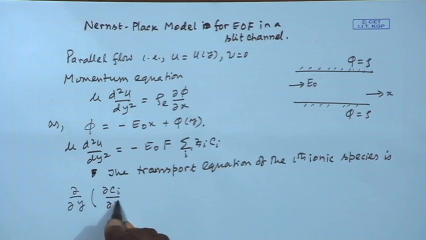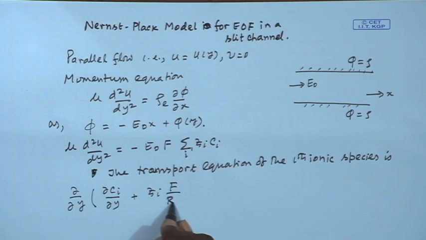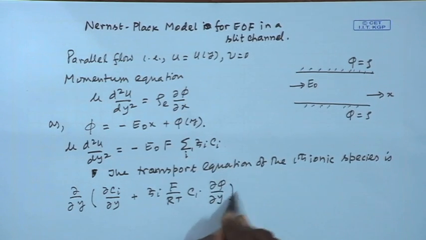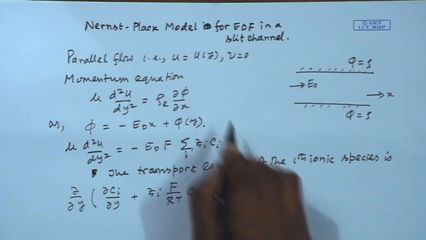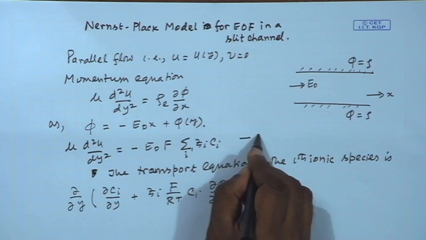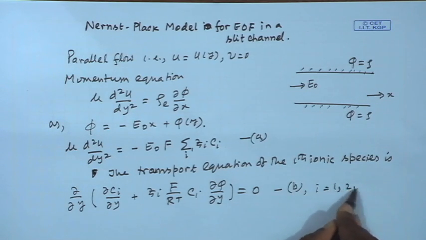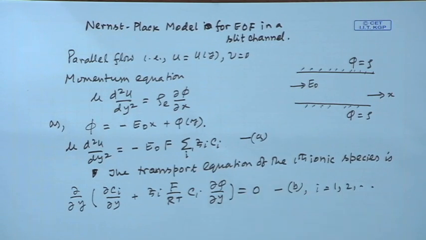So, del Ci/del y plus z_i F/RT Ci del phi/del y equal to 0. So, this is one equation, say A, this is equation B, and this is for i equal to whatever situation you are considering, because in the Boltzmann distribution we are not restricting like Boltzmann distribution.